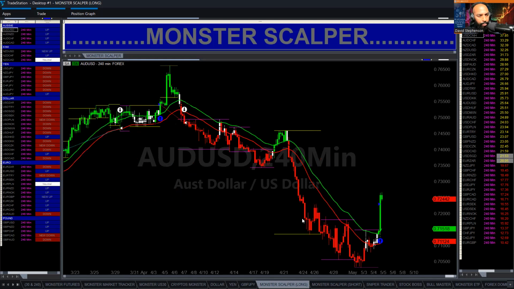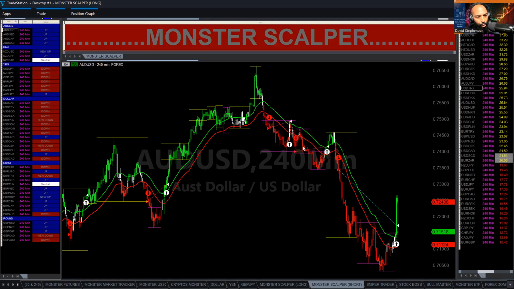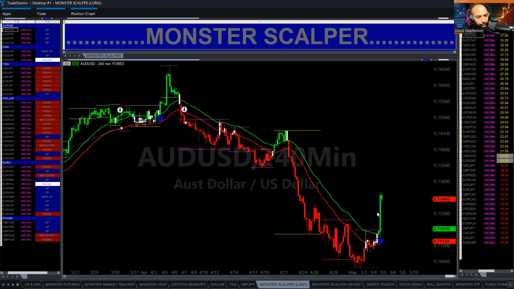And look here, perfect markdown phase. Here was the short, and now we're coming in with the long. That's a big candle, a lot of confirmation that the buyers are now in control. When you see a big candle like this, that's a lot of buy-in, a lot of confirmation.